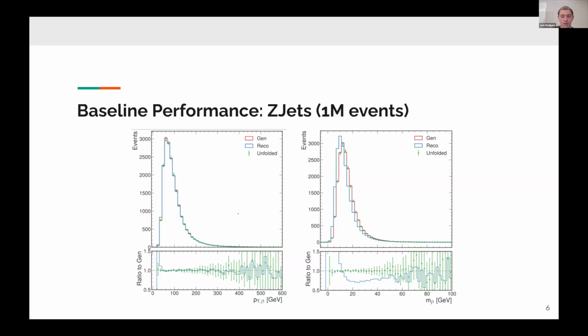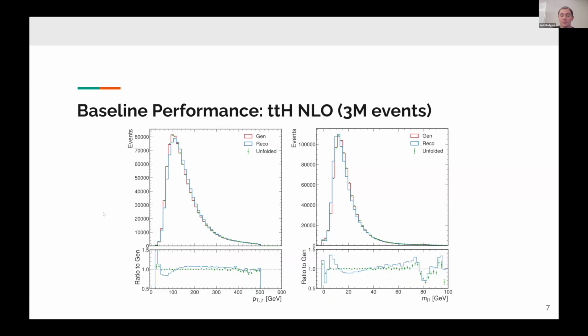We do vary a bit. We start to diverge at high mass and PT, but this is just because we have low statistics in those areas. And this is another with TTH next to leading order, which is just another process. We can see that our unfolding performance is still pretty good in these areas.